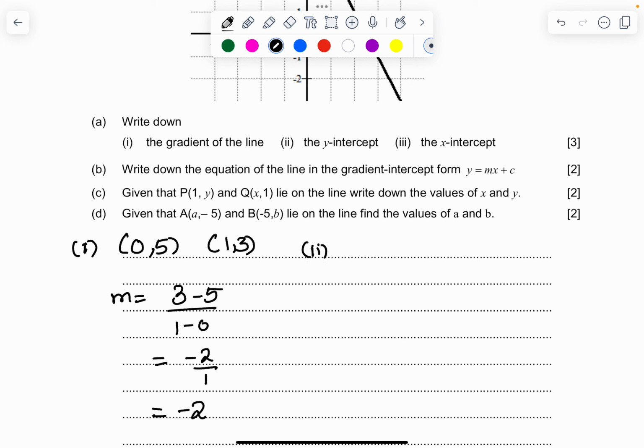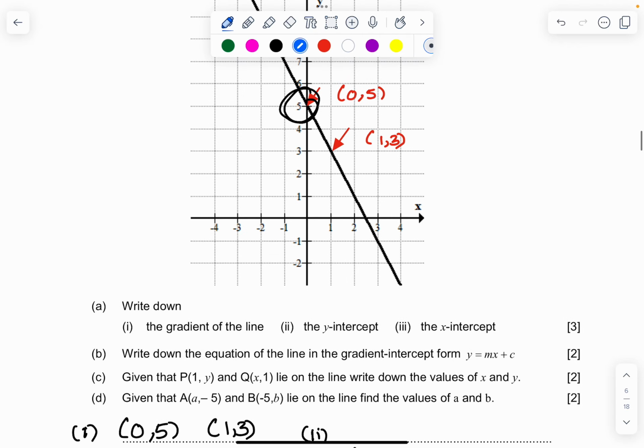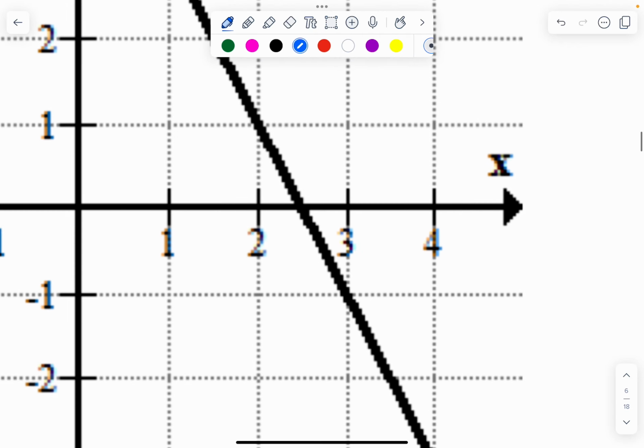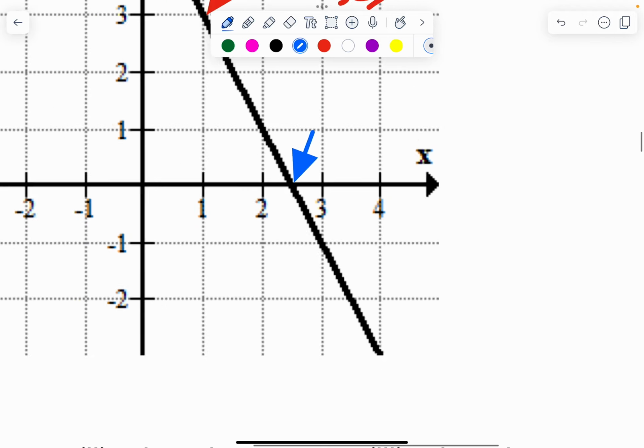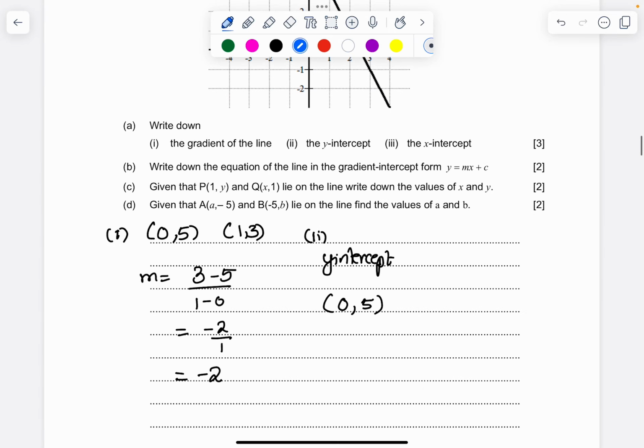Part 2, y-intercept: where it intersects the y-axis, which is 0, 5. Now x-intercept: where does it intersect the x-axis? This is the point where it intersects the x-axis, which is approximately 2.5. So part 3, the x-intercept is going to be 2.5, 0.